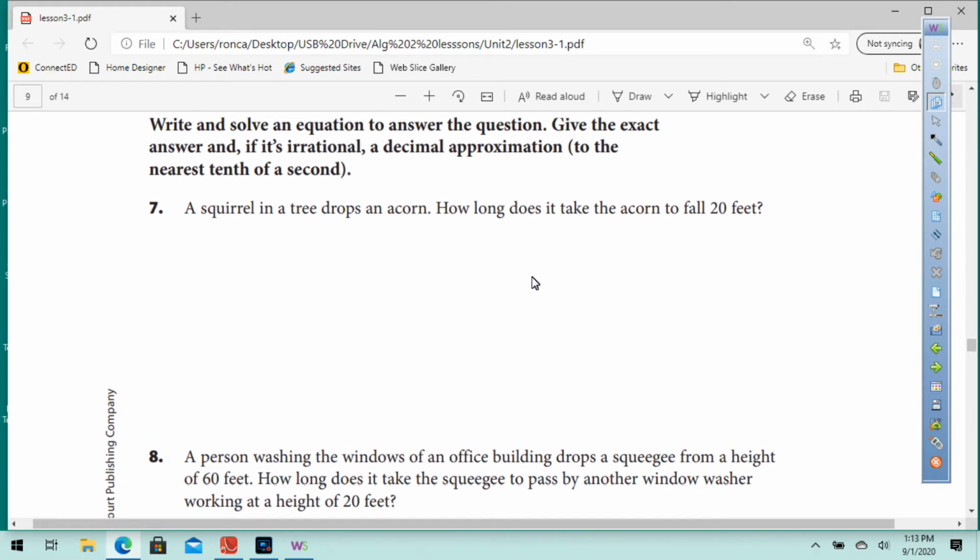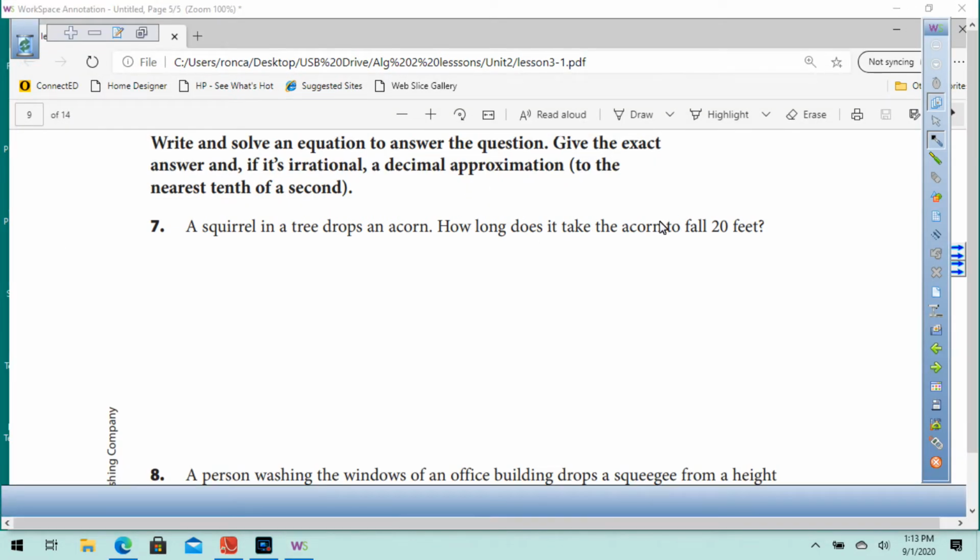Write and solve an equation to answer the question. Give the exact answer, and if it's irrational, give a decimal approximation to the nearest tenth of a second. A squirrel in a tree drops an acorn. How long does it take the acorn to fall 20 feet?